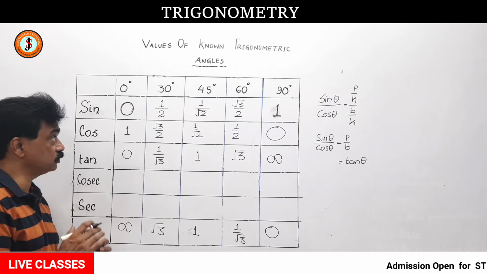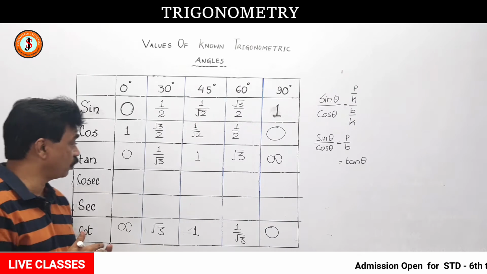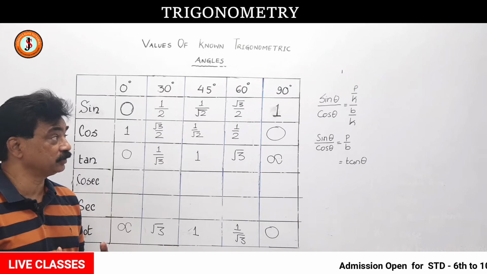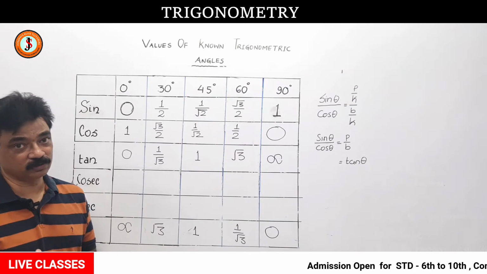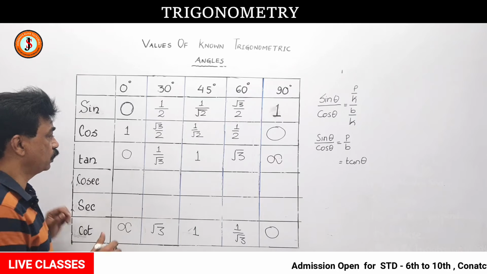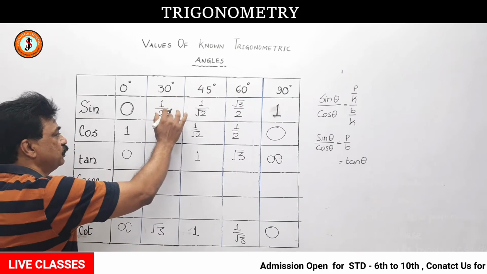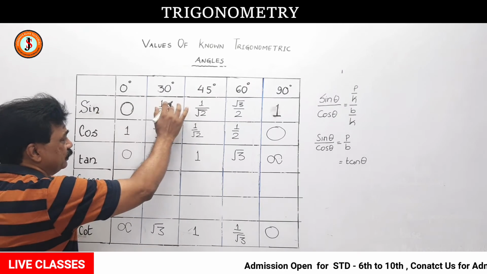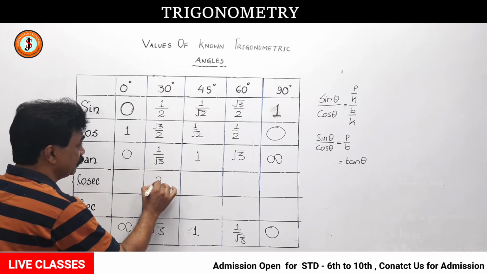Now, we always know sine and cosec are reciprocals of each other. That means sine theta is p by h and cosec theta is h by p. So, h by p means what? We have to reverse, that means this is p by h, so if I know sine 30 is 1 by 2, then cosec 30 will be 2 by 1, which I write as 2.